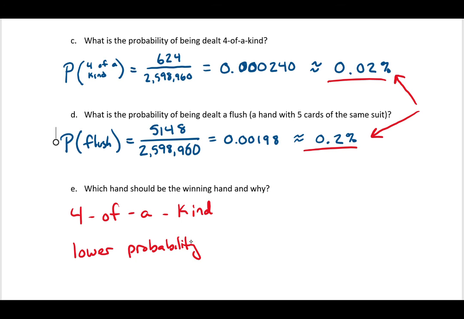So if you play poker, even if you don't, the reason the rules are what they are, the reason a flush loses to 4 of a kind, or a 4 of a kind beats a flush, is because of the probabilities of each of those things happening. Probability of a flush, 10 times more than probability of a 4 of a kind.